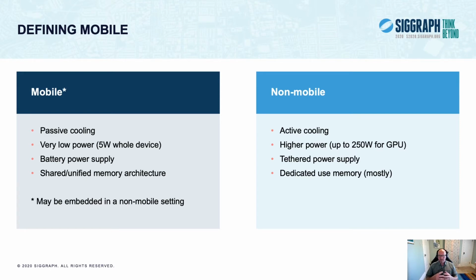It could be a tablet or what have you. And the lists here that you see for mobile and non-mobile are just endpoints of a spectrum. There are a myriad of devices that fall well in between either of these endpoints. And this is a landscape that's evolving all the time.